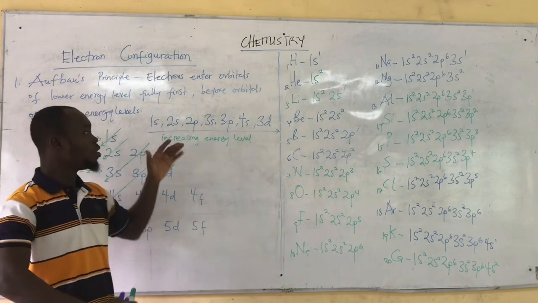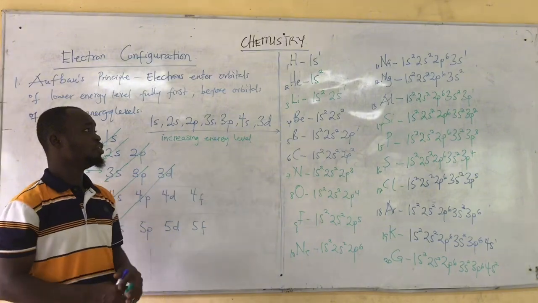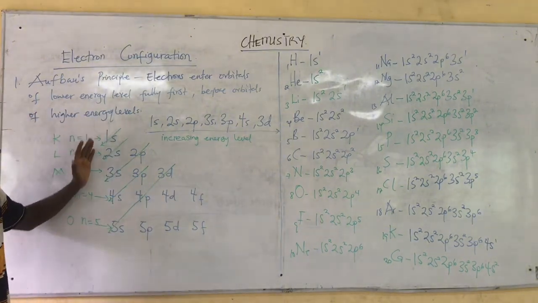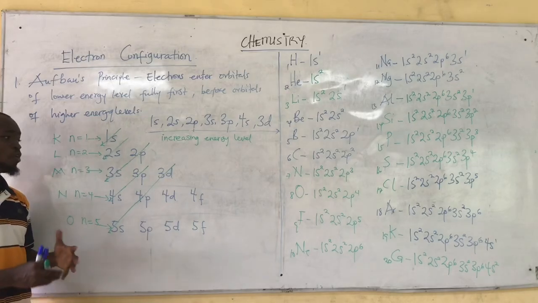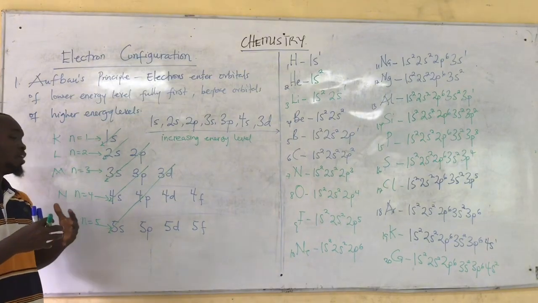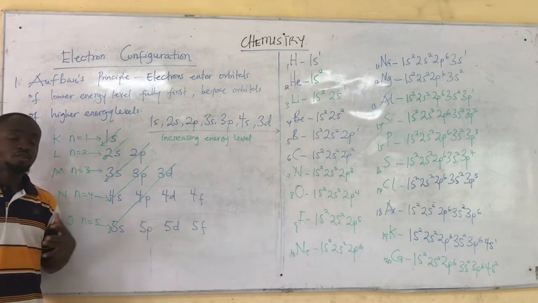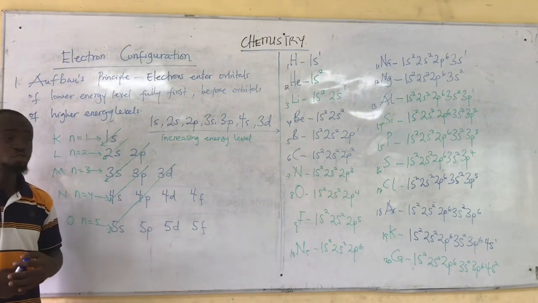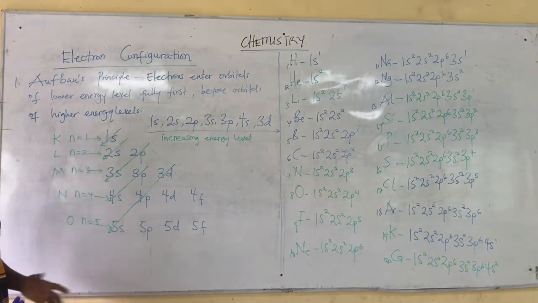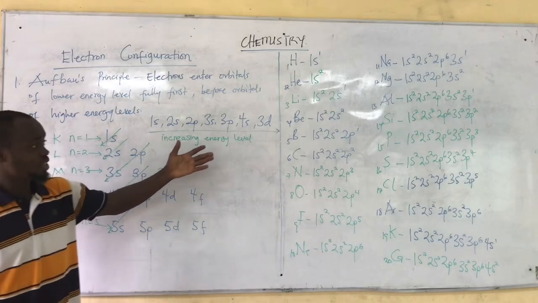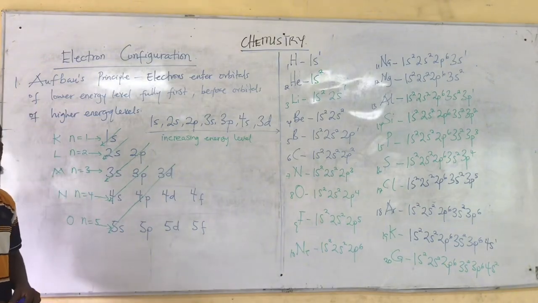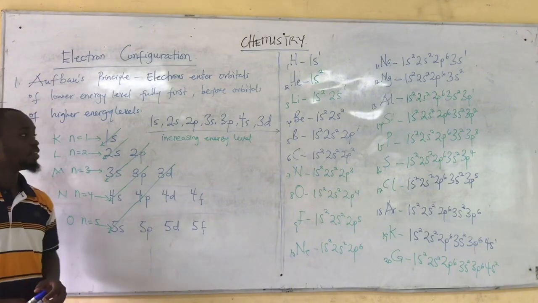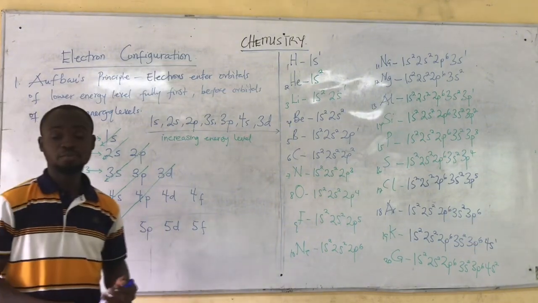So this is the order of arrangement of electrons using the Aufbau principle, or you can use the generalized one to guide you for elements with high atomic numbers. If you want to write a configuration, you can use this as a guide. But here we are just looking at the first 20 to 30 elements. Is that okay? So that is the Aufbau principle.